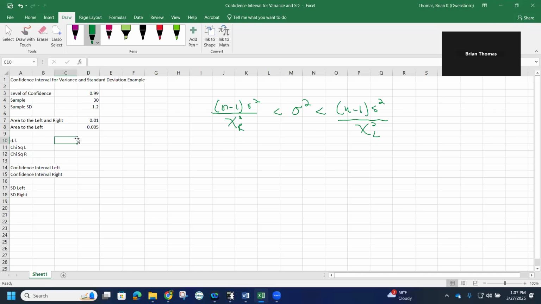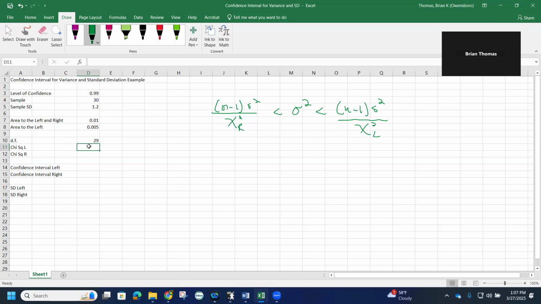So we end up with this 0.05. Another thing we need to know is the degrees of freedom, which is the sample size minus 1. Using a formula, I can say equals the sample size 30, which is in cell D4, and subtract 1, and that'll give me the degrees of freedom.